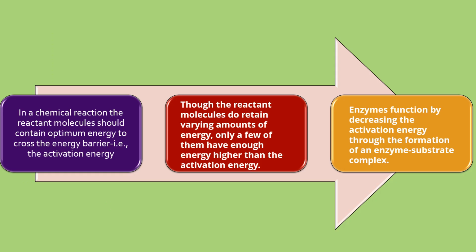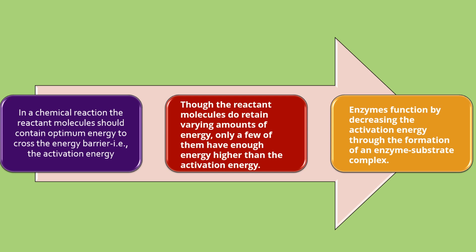Therefore, in a chemical reaction, the reactant molecules should contain optimum energy to cross the energy barrier, that is, activation energy. Though the reactant molecules do retain varying amounts of energy, only a few of them have enough energy higher than activation energy.